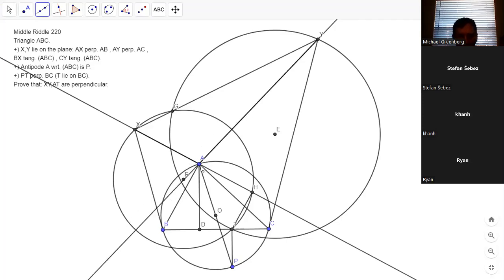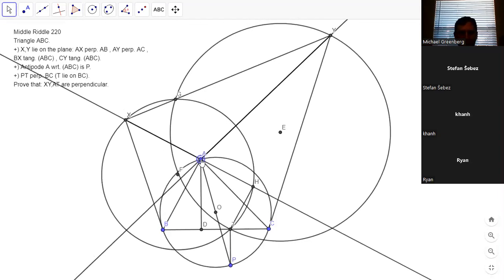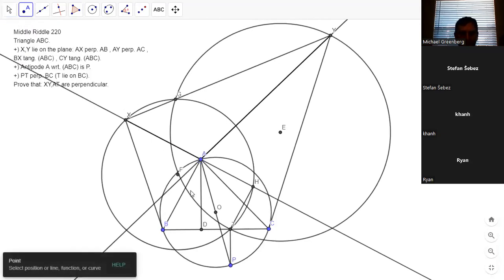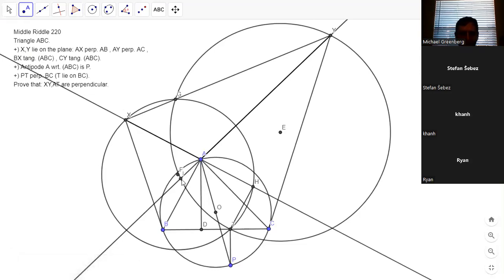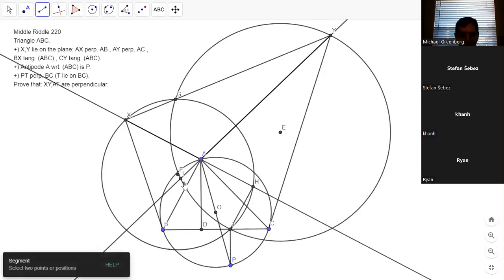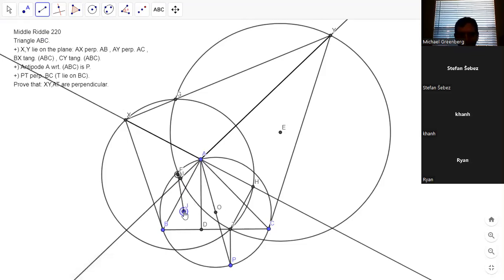Oops, not a rectangle. We have a cyclic. Yeah, we know this is cyclic. Actually, if you let it meet the circumcircle ABC, then it will form a rectangle.